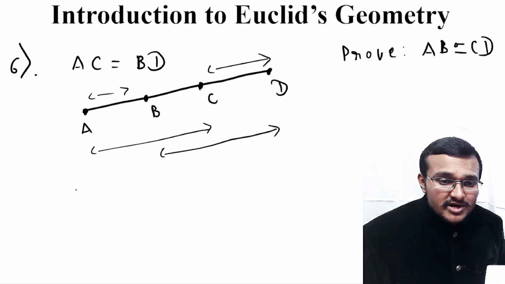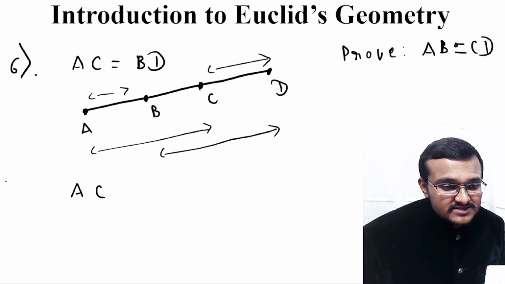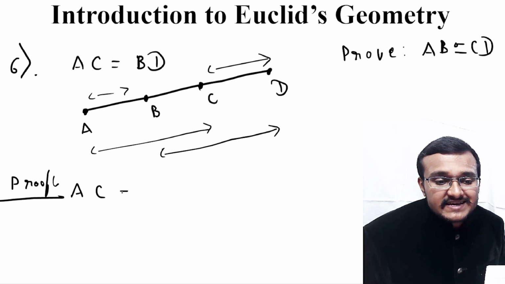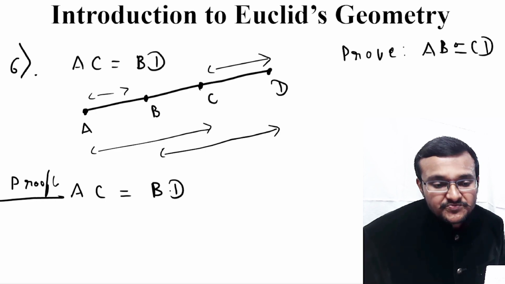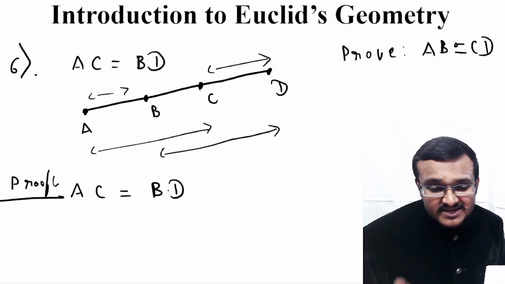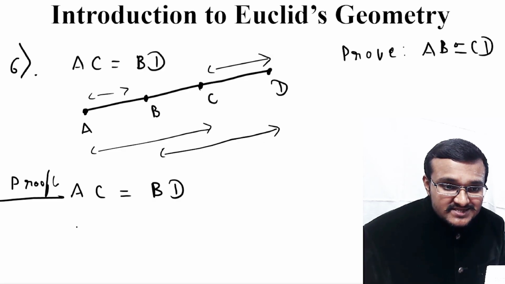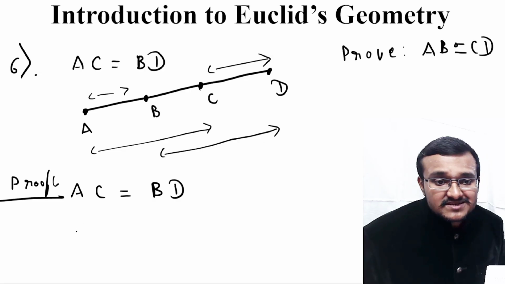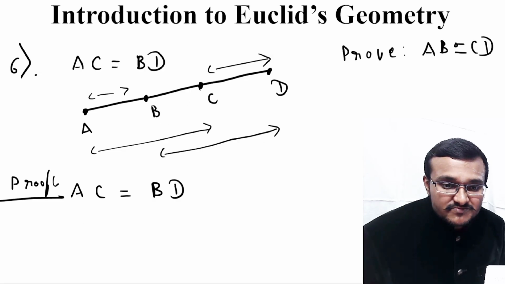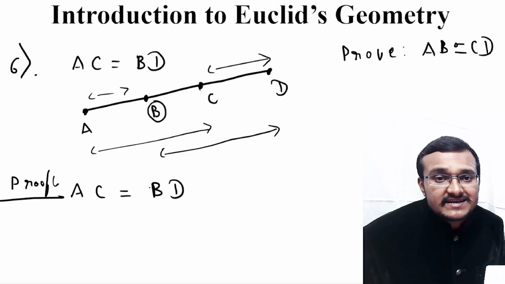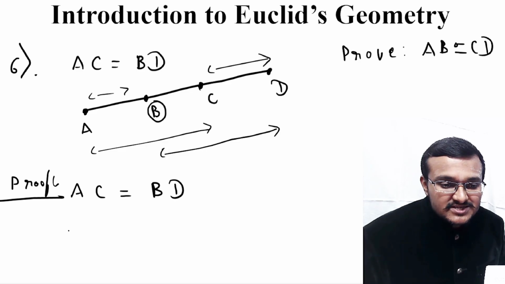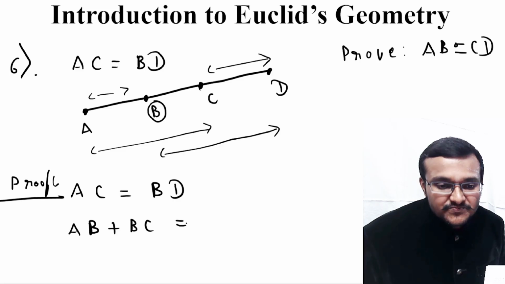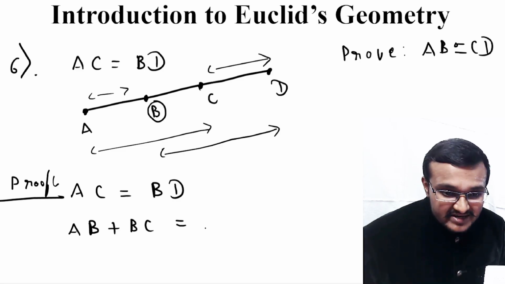So now we are doing the proof. They have given AC is equal to BD. AC can be written as AB plus BC, because B is in the center of A and C, which is equal to BD.